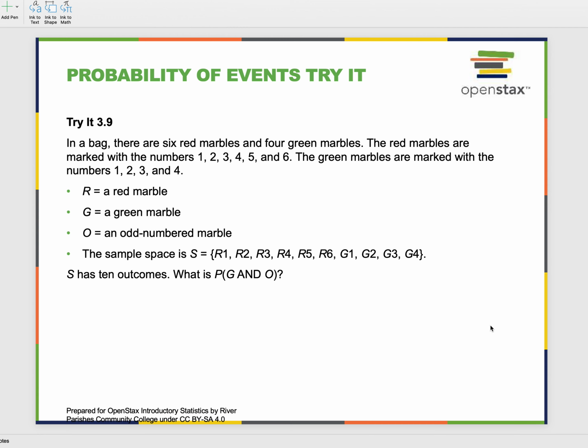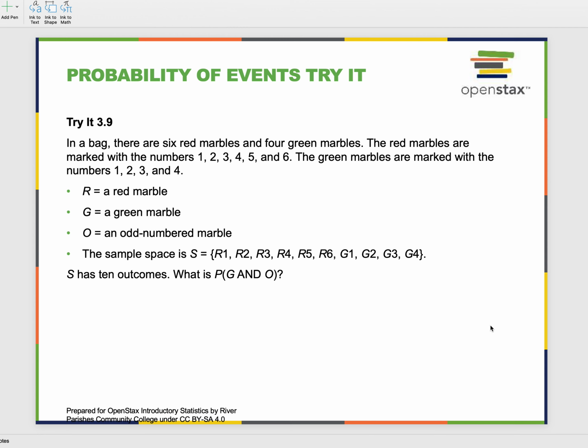So the sample space is R1, R2, R3, R4, R5, R6, which represents red marbles with the numbers 1 through 6, and G1, G2, G3, G4, green marbles with the numbers 1, 2, 3, 4 on them. So that's the sample space.